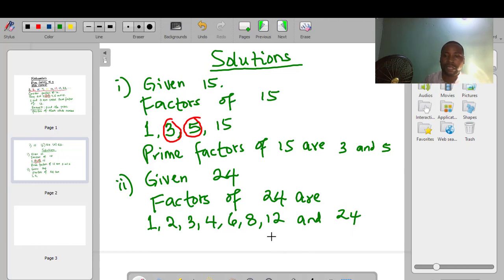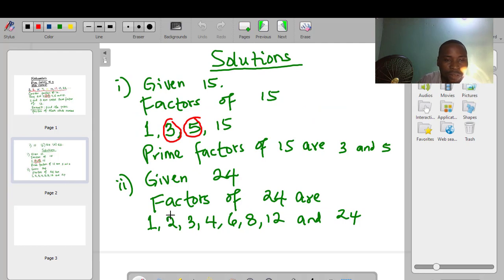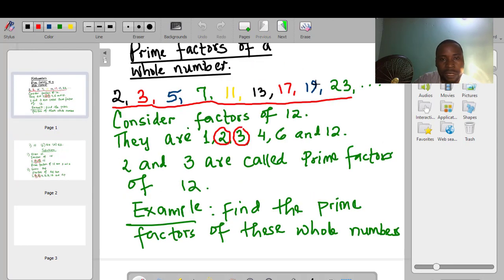Yes. So again, when you compare the factors of 24 with our list of prime numbers, we have 2, 3, 5, 7, 11, like that. If you compare this, you discover that 2 is here, 3 is also here. 2 and 3 are the ones that are in this list.